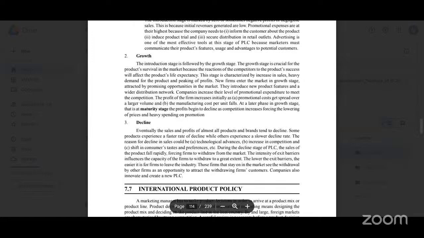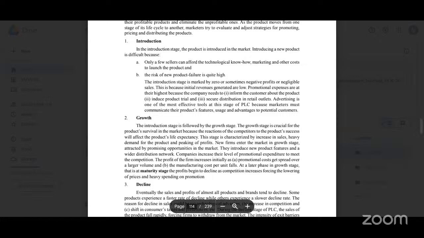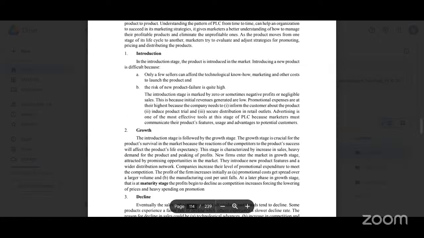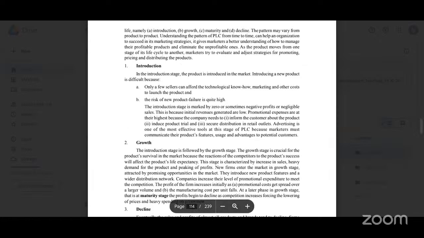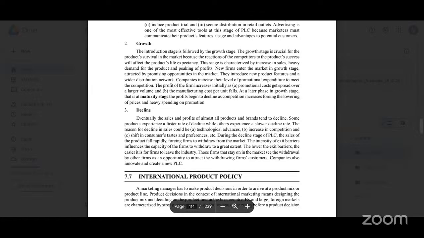The second stage of PLC is the growth stage. The introduction stage is followed by the growth stage. So here we are looking at a product which has a small incline in the number of sales, and finally it may peak suddenly.